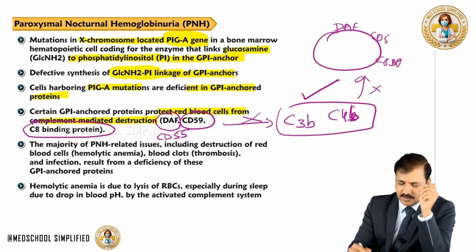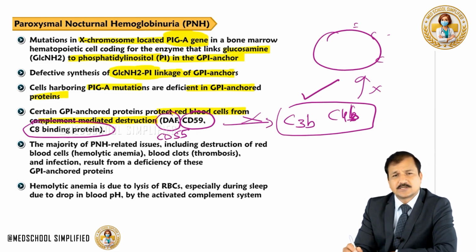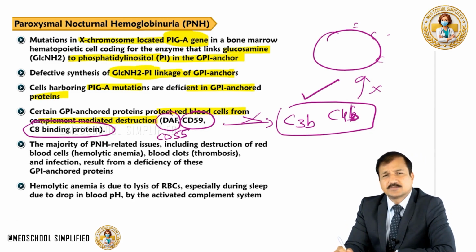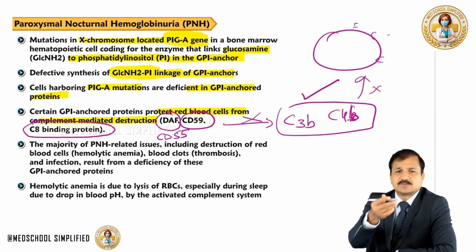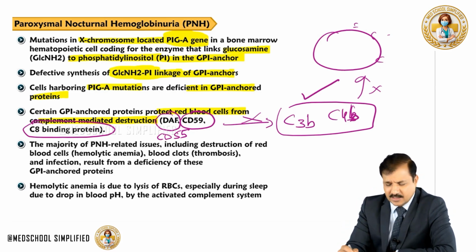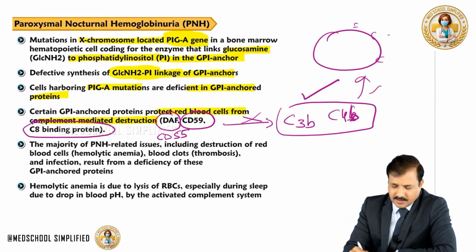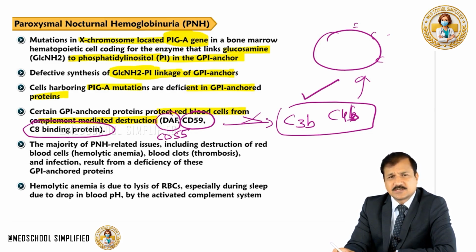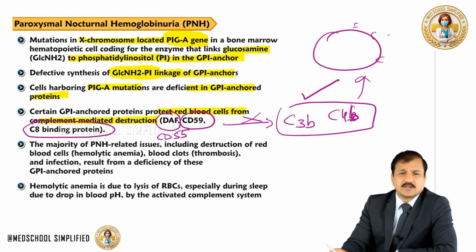Okay, so if there is no DAF, no CD59 and no C8 binding protein over the red blood cell because of GPI anchors being defective, these proteins are not added, meaning not attached over the cell membrane because the GPI anchor is not there. So then that protection from complement mediated action over those red blood cells is not there, because there are no protectors present over the cell membrane.